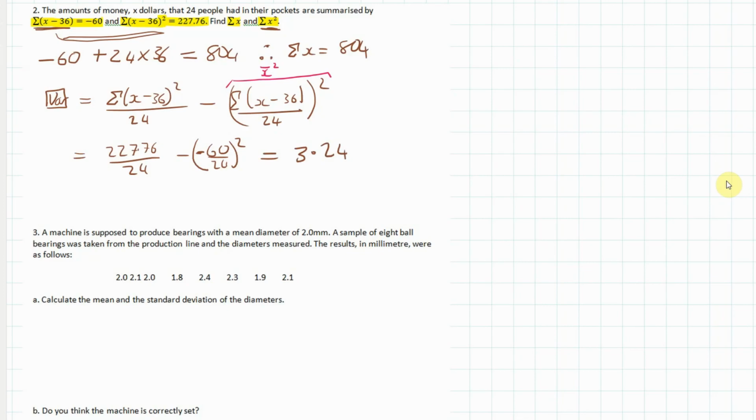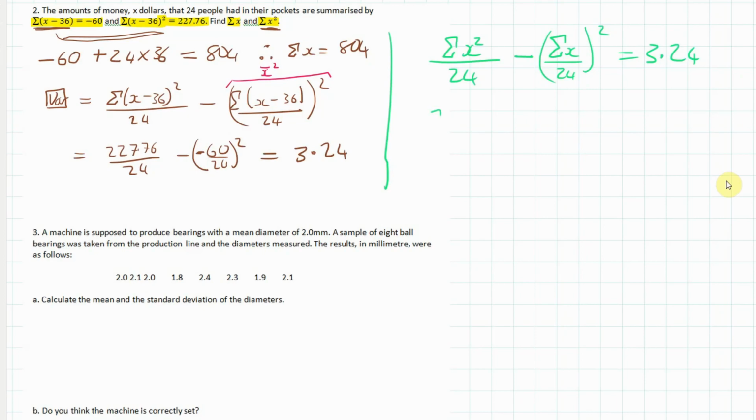Now, if that's the variance with the data that we know, we can now use the formula for variance with the data that we don't know, the original data before it was coded. So sum of x squared over 24, because there's 24 pieces of data still, minus the mean, which is going to be this, divided by 24, and we square the mean, right? And that should be equal to 3.24, because the spread remains the same.